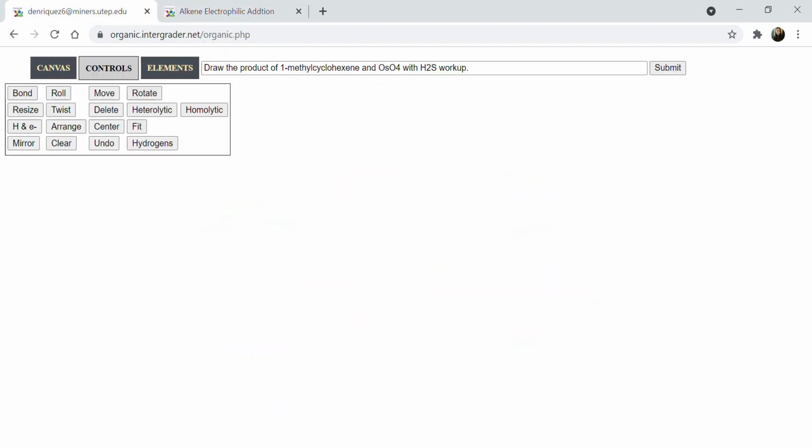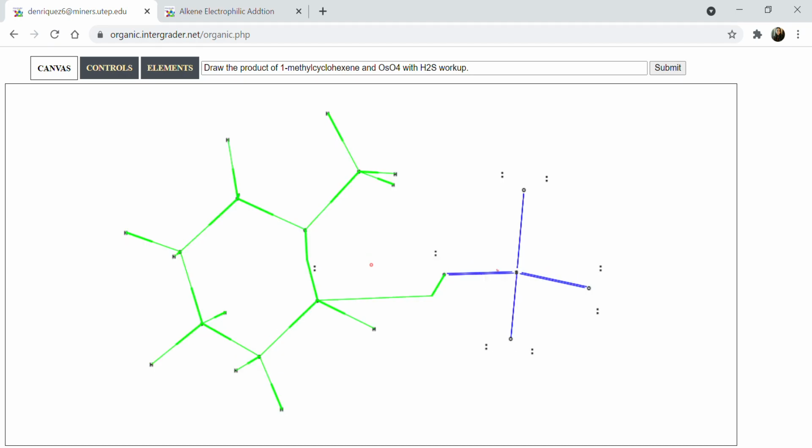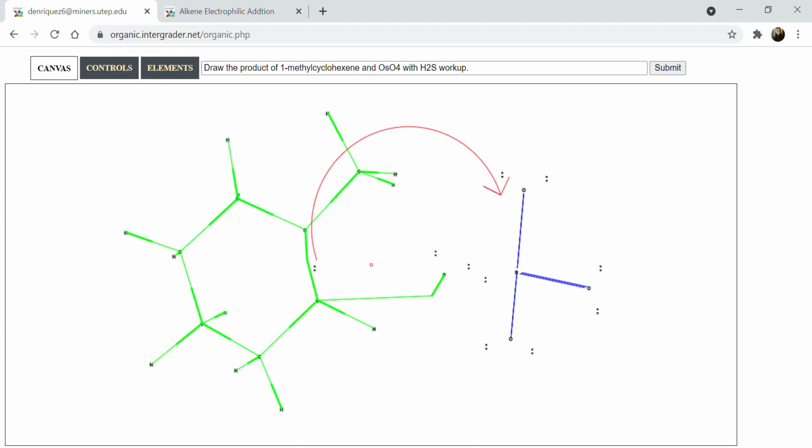So they're going to be on the same side. Can remove that. I'll add an oxygen, and then we're going to have to do a hydronium workup after this to add the extra hydrogens that we're missing.